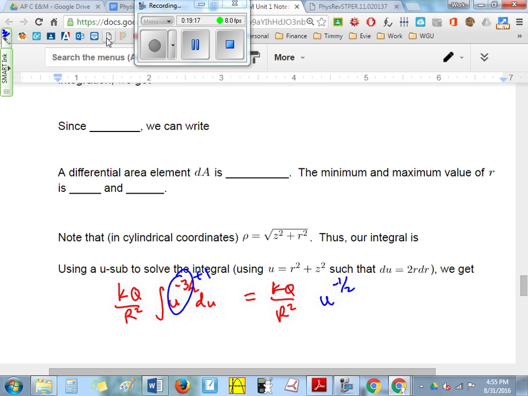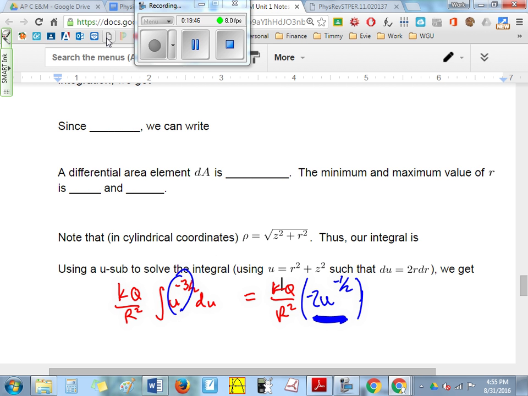So what's the reciprocal of negative half? Negative 2. Okay, you might say, what did you just do? That's like magic. Well, this is how we find an antiderivative. We add 1 to the power, and then we take the new power, negative half, and reciprocal it and put it in front. And this function right here, if you take the derivative, it takes you right back to u to the negative 3 halves. So that's called doing an antiderivative.